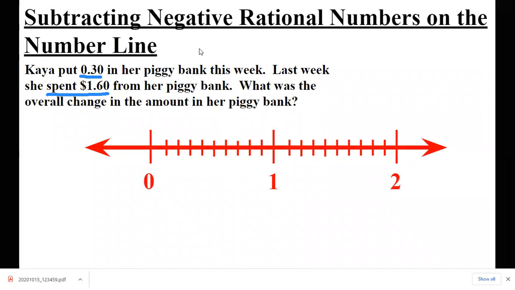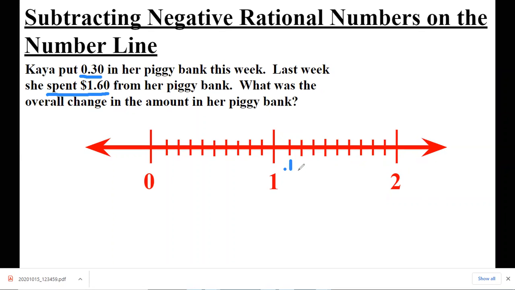Let's see, is our number line different this time? Let's see. 1, 2, 3, 4, 5, 6, 7, 8, 9, 10. It's in tenths this time. So this is going to be 0.1. This is going to be 0.2. So this is 1.1, 1.2, 1.3, 1.4.